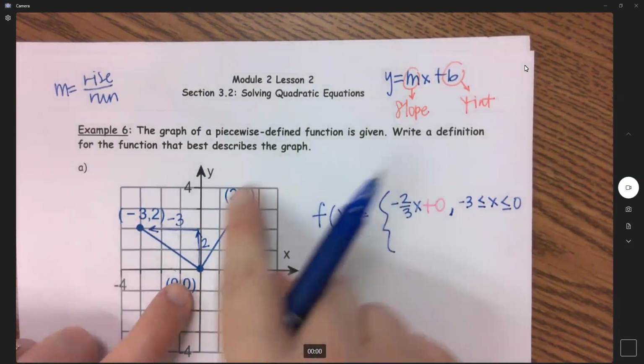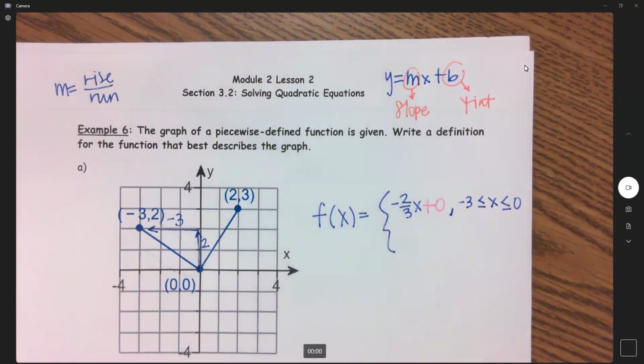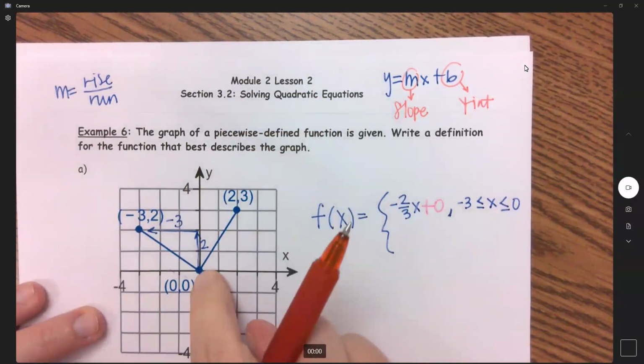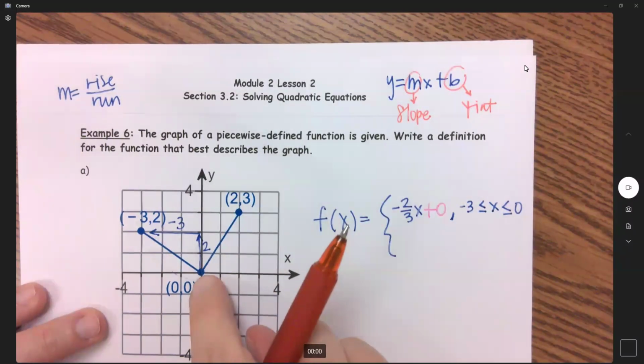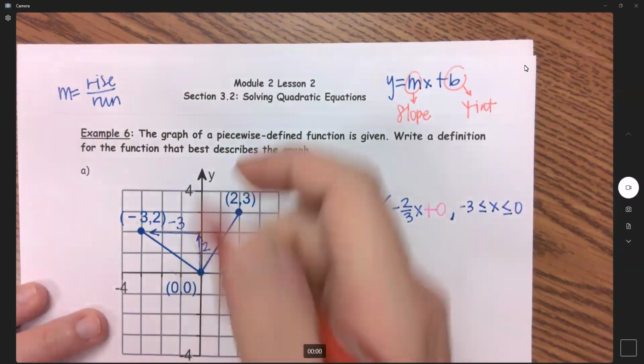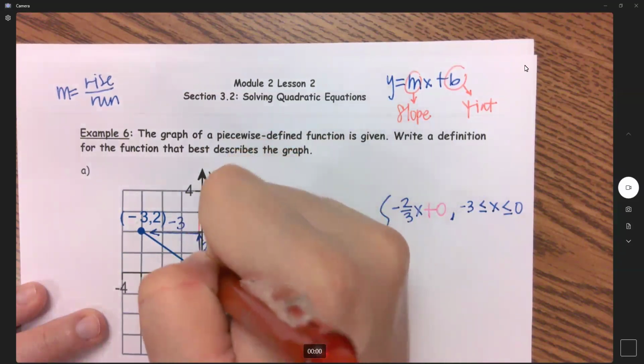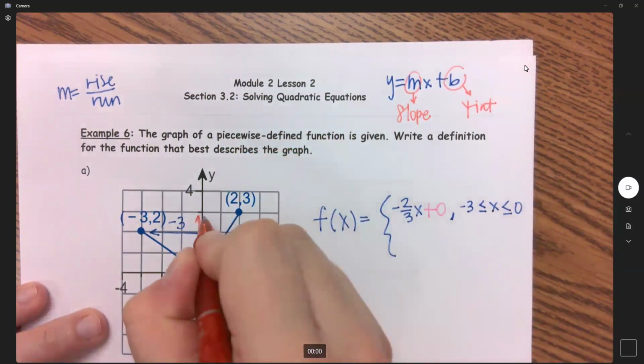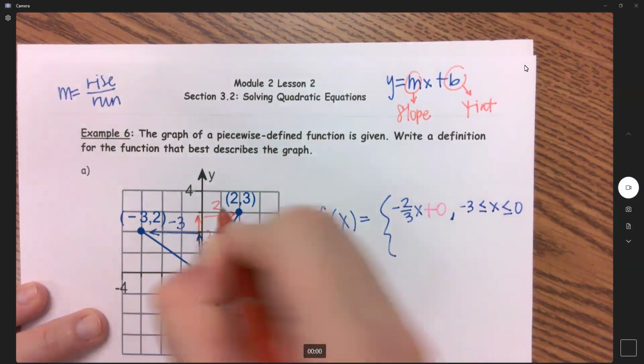Now let's talk about this graph over here. This graph, from point to point, and I always start at the bottom and go to the top, but it doesn't matter. This one is rising 3 and running 2.